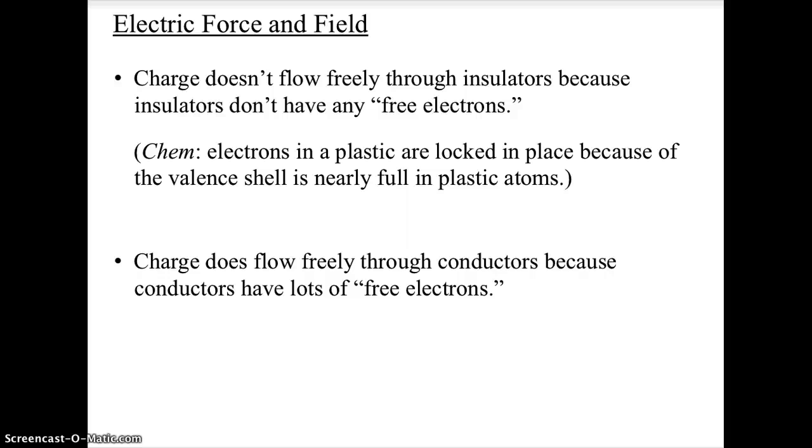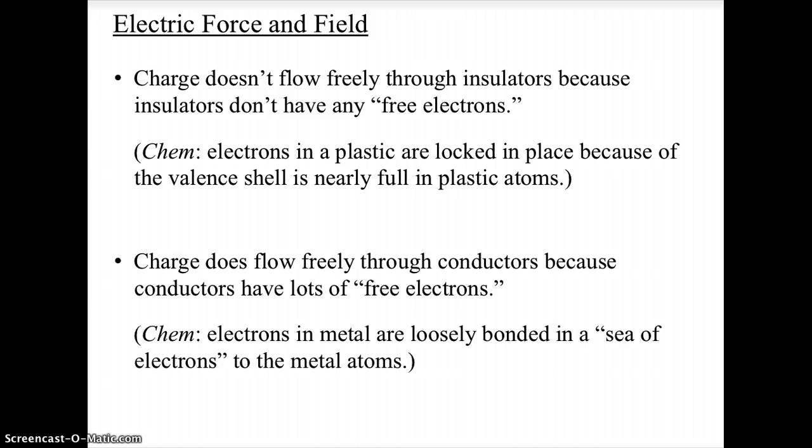In a conductor, on the other hand, we have lots of free electrons, and in physics we say that's the reason why charge flows freely through a conductor. In chemistry, we know that the electrons in conductors like metal are loosely bonded in a sea of electrons, and so the loose bonds allow for the free flowing of electrons through a metal. So insulators don't have free electrons, and conductors do have free electrons.